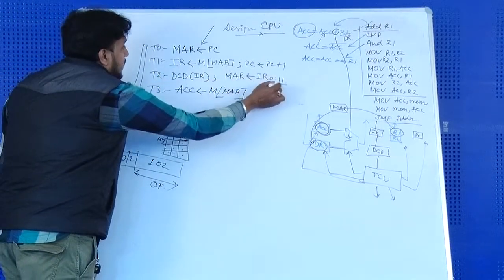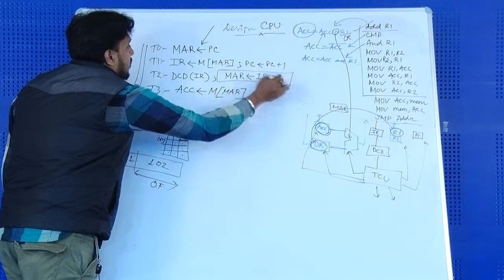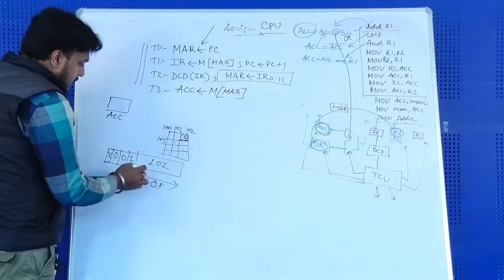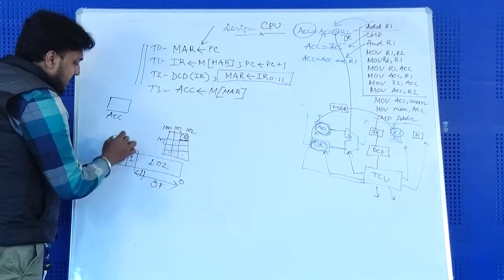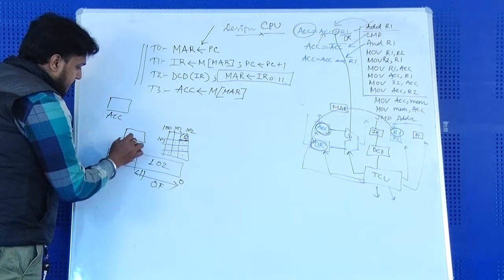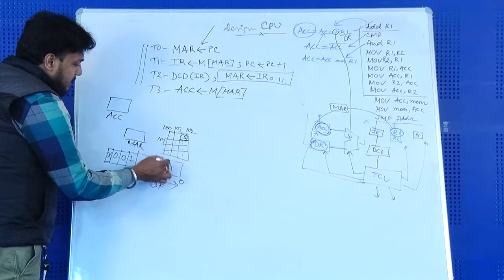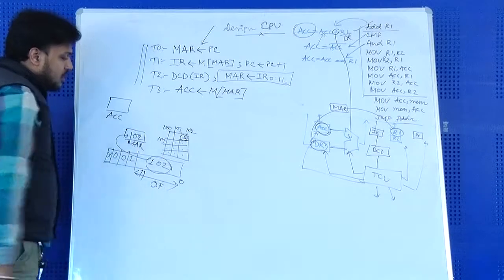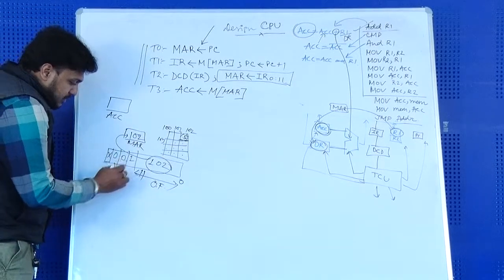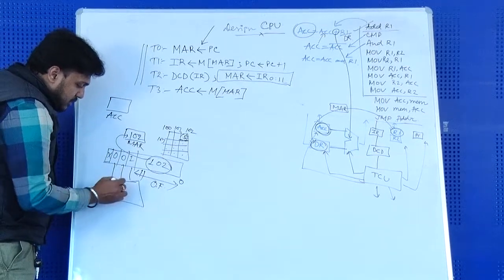In this particular line, you can understand that bits 0 to 11 go to the MAR; we are copying this 102 into the MAR. This 3-bit opcode is fed to a decoder.